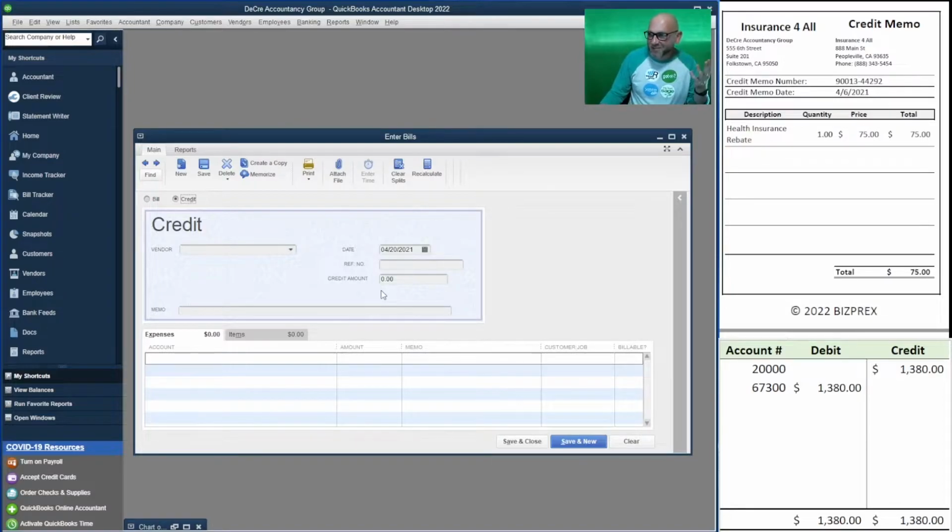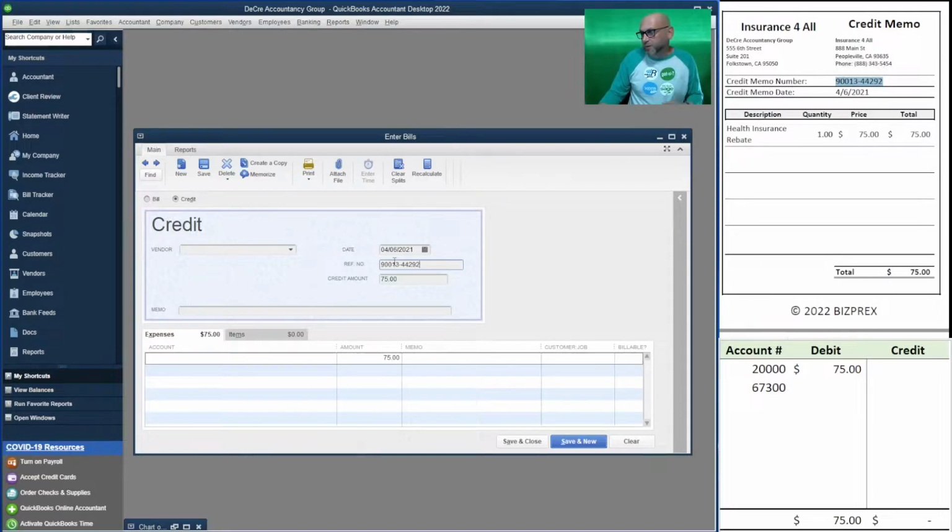That's the counterintuitive part. Never believe the labels, right? People say, well, yeah, it says credit because it's a credit memo. The truth is, I'll show you, that 75 will be a debit. This will be a debit to account 20,000, right?